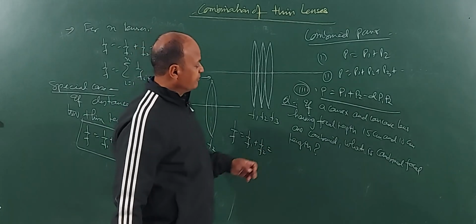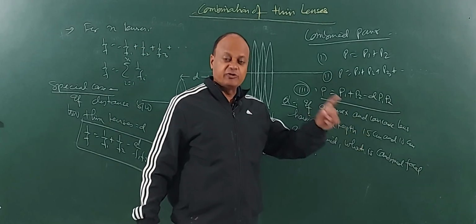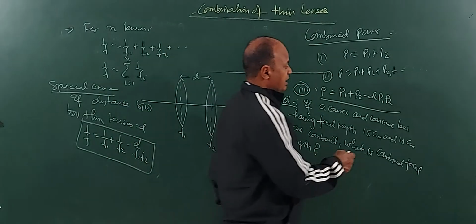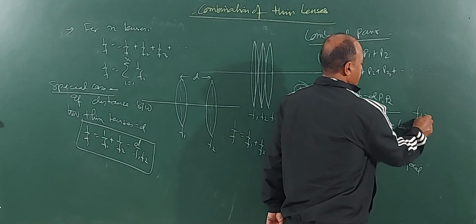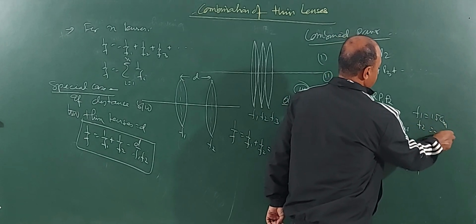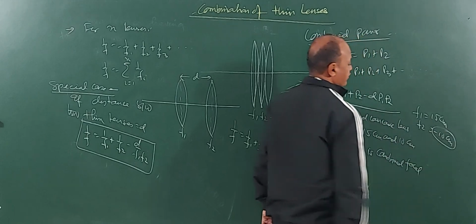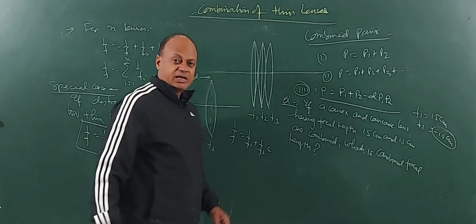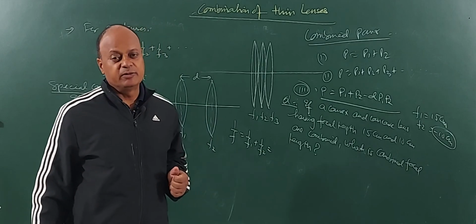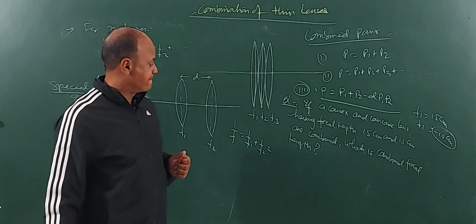Focal length of a concave lens will be taken as negative. So f1 will be 15 centimeter, and f2 will be minus 10. This is to be noted. If you write f2 also as plus 10, your answer will be wrong and meaningless.